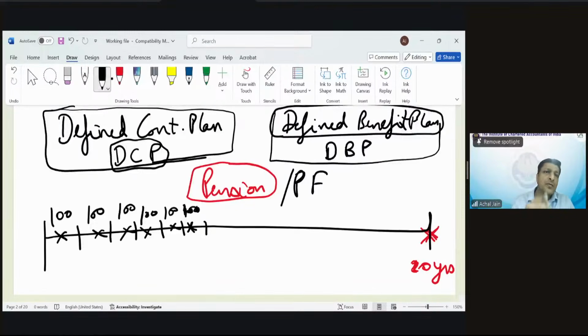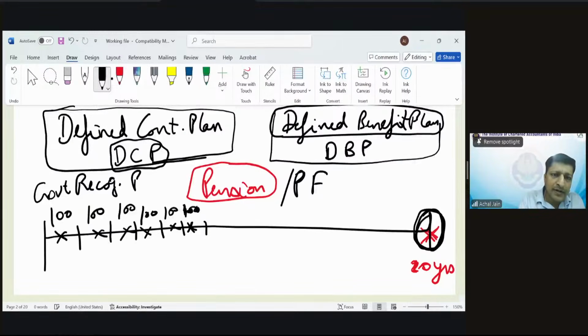That's the minimum amount which is payable to the employee at the time of retirement. Now, in the first case, there are some recognized provident funds, government recognized provident funds. So the employer has selected a government recognized provident fund, and each year the employer will contribute this fixed amount to it.